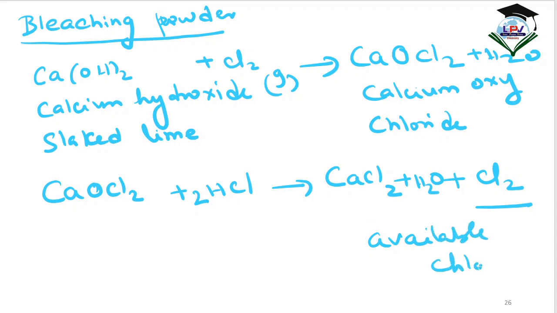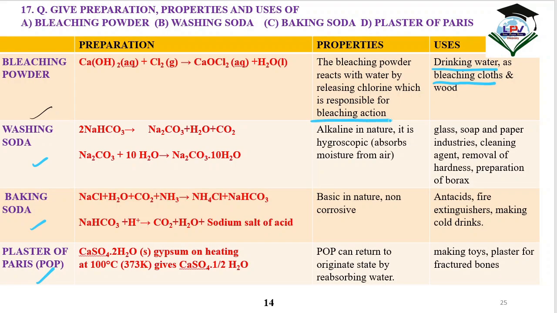This available chlorine is responsible for the bleaching action. Now let us take bleaching powder and add water to it. It gives calcium hydroxide with chlorine.